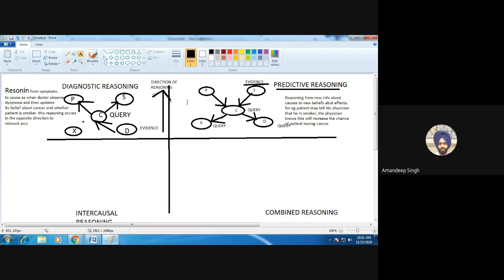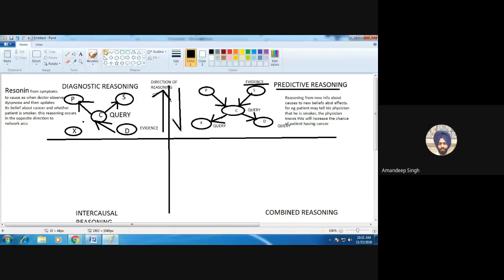So the direction of reasoning is the same as in the original Bayesian network.